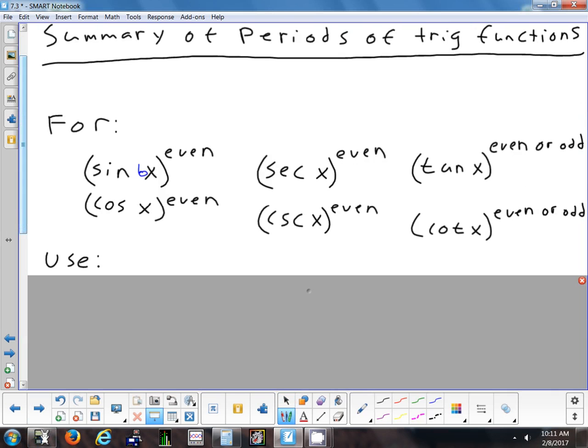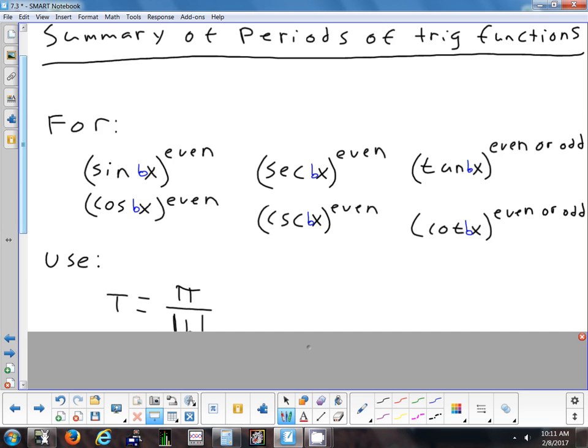And I'm going to put a b in front of all of these, because remember, the number in front of x, I think it was Matt that mentioned, is a horizontal stretch. That also affects the period. So it's the power n b.